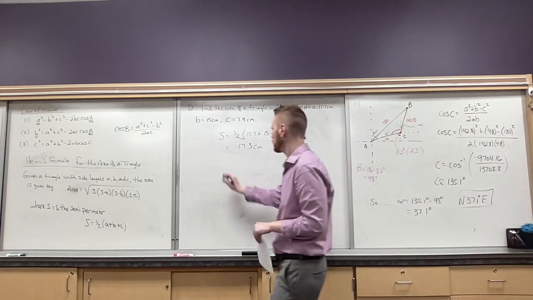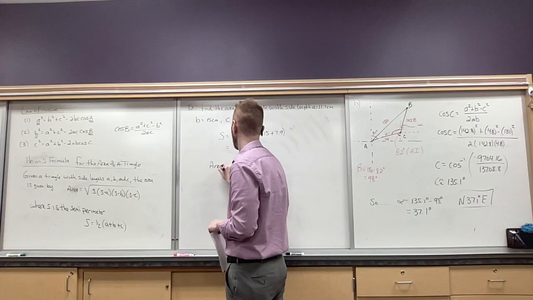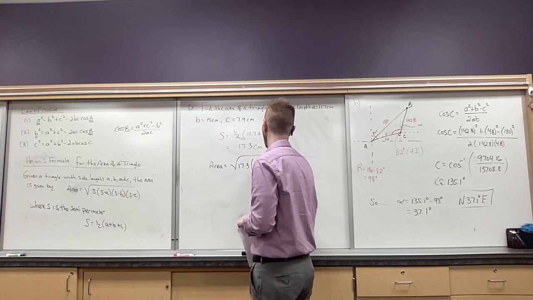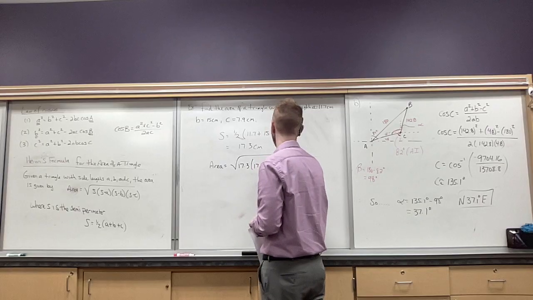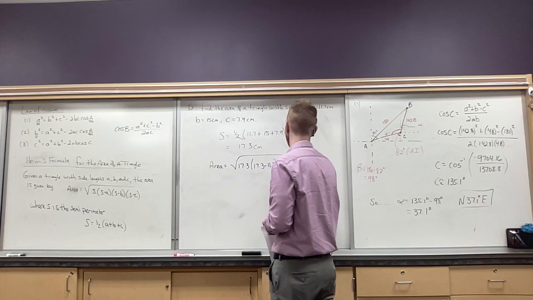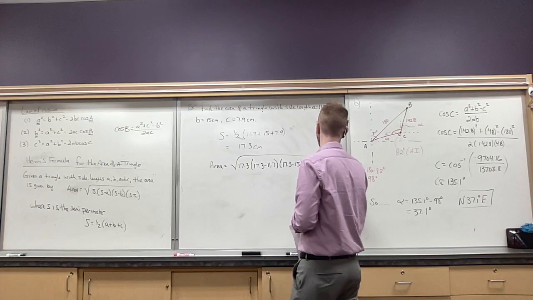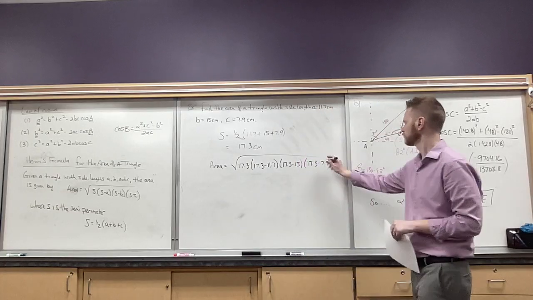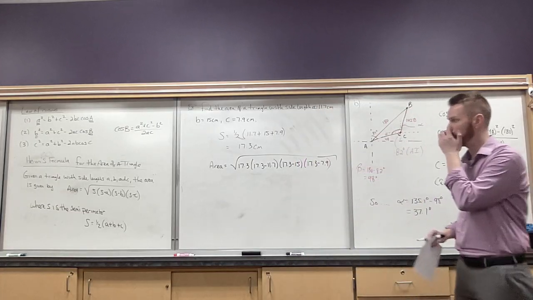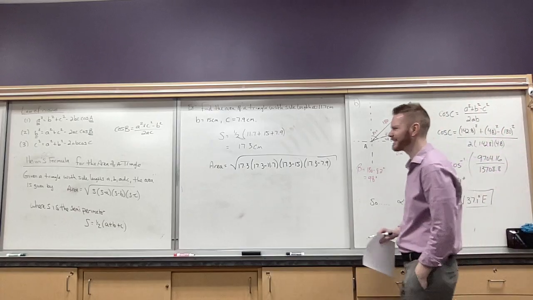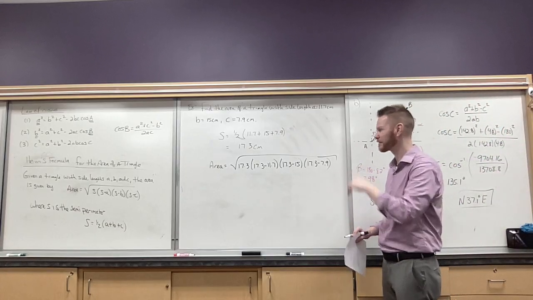Now let's plug those values in to find the area. It's a lengthy formula, isn't it? When you plug all those values in, it just kind of keeps going on forever.